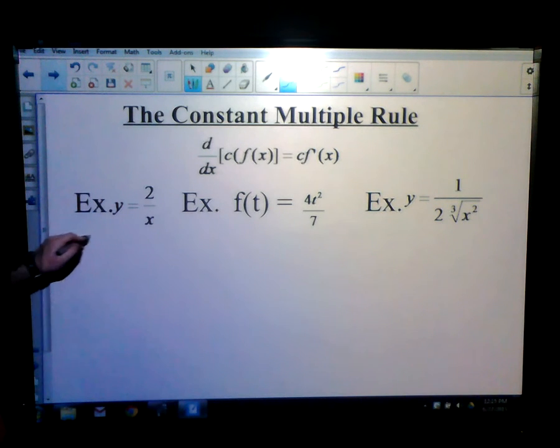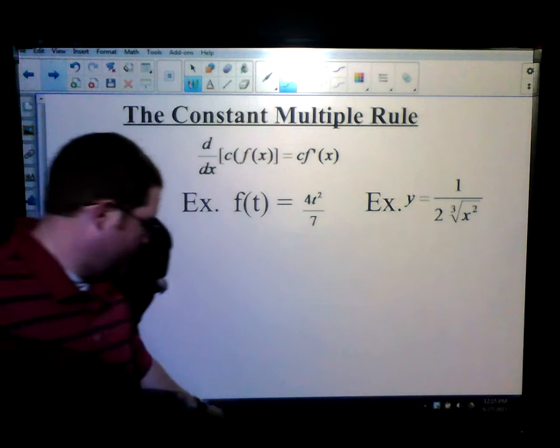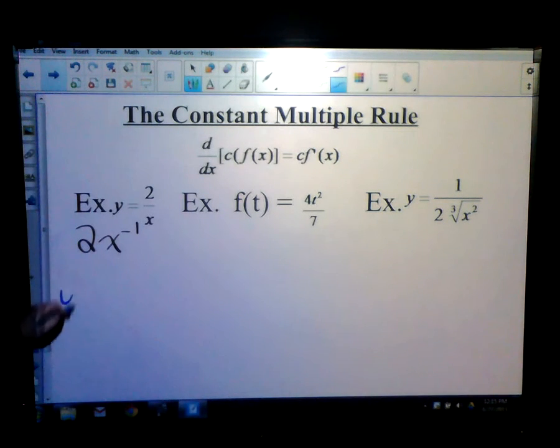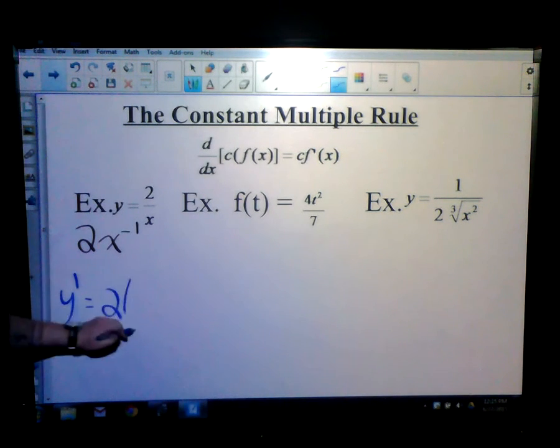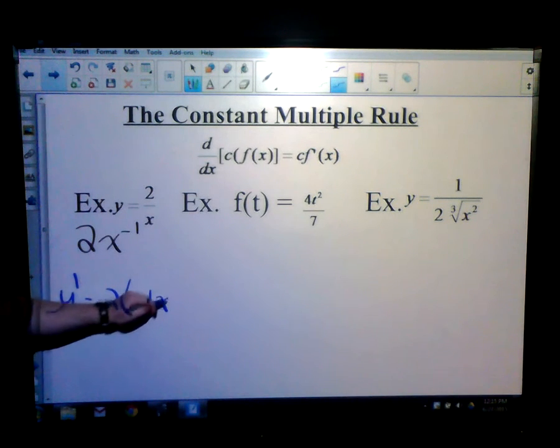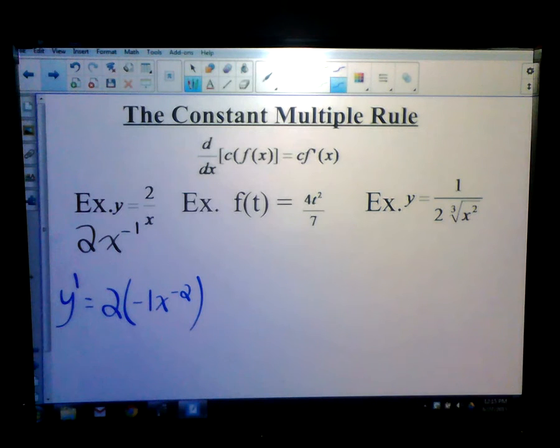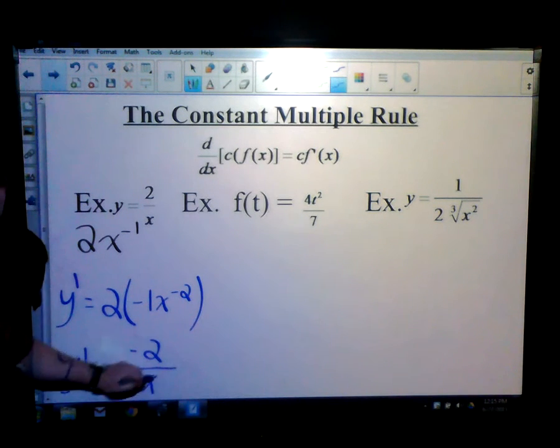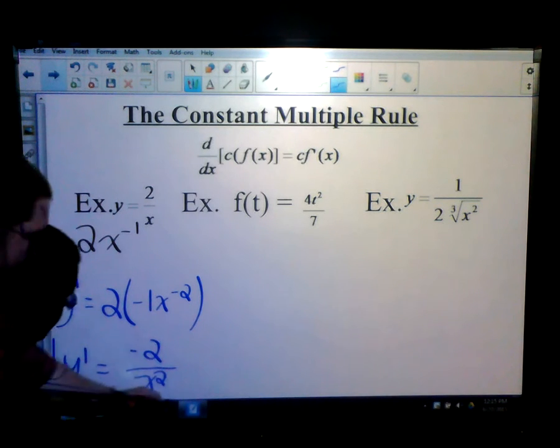Rewrite it. That's 2x to the negative 1. Let's do the derivative. Y prime equals 2 times. Do the power rule. Negative 1, x to the negative 2. You'll never see the answer written like that. Clean it up. That's negative 2 over x squared.